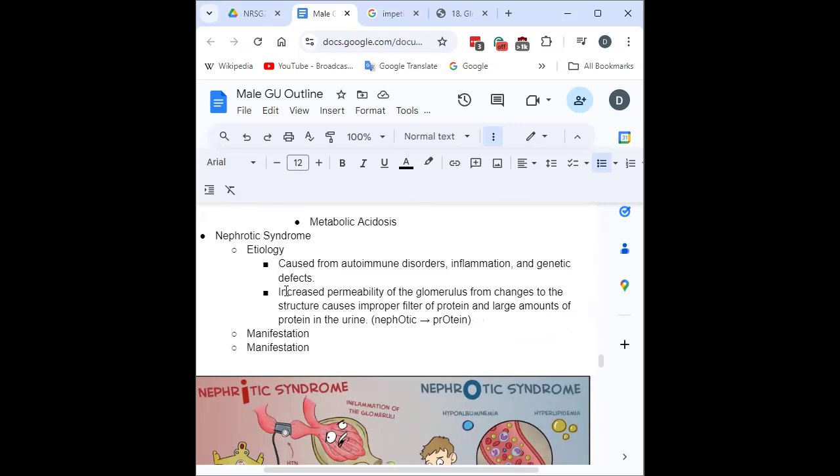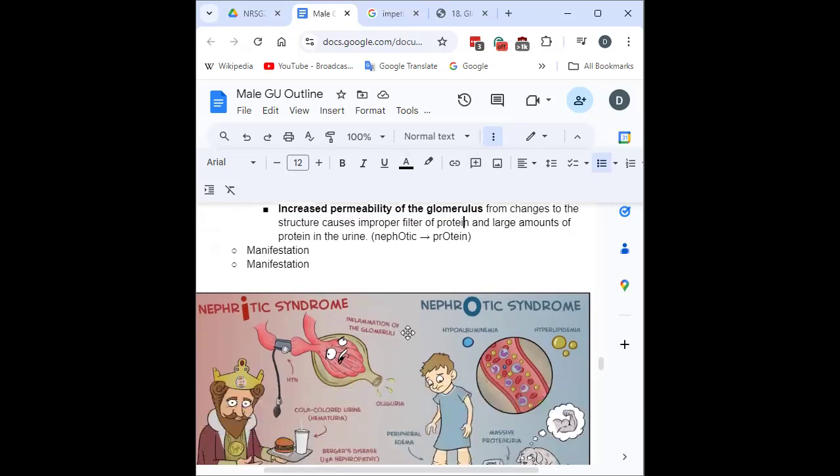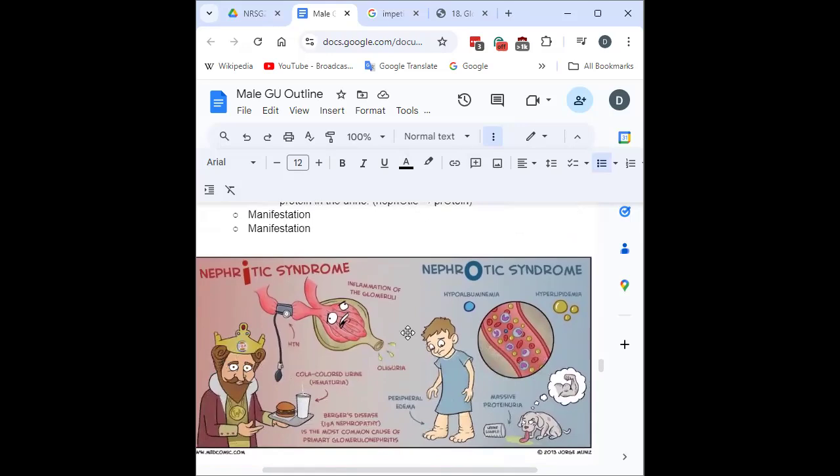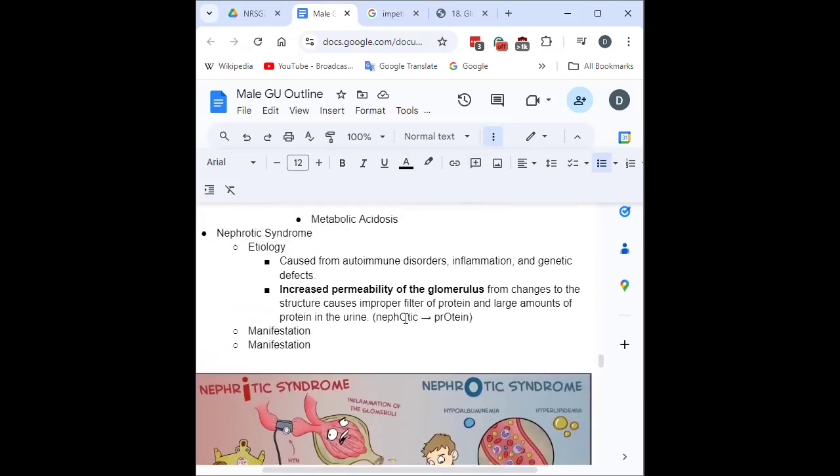This one also has an increased permeability of the glomerulus, but this leads to more extreme leakage, a very large leakage of protein. The way I like it here is how they emphasize the O for protein: nephrotic with the O, protein. So that's how I can remember it easily.